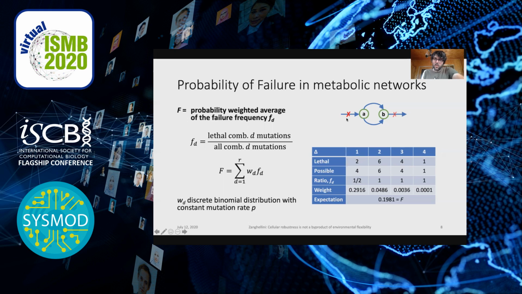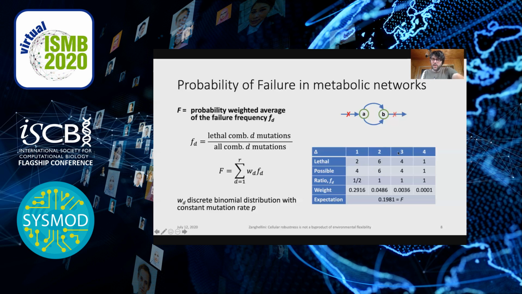We could have one here, one there, one here, and there. So we have four possible combinations, and the ratio, the failure frequency, is 1/2, weighted with the appropriate binomial coefficient. And we do this for all other possible combinations.